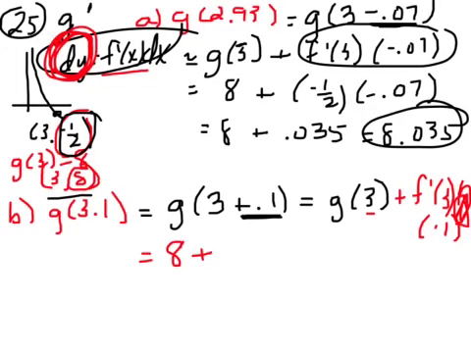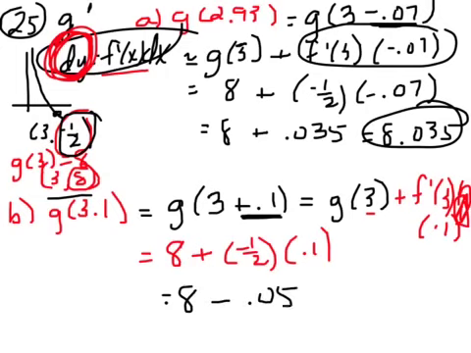They told me that because they gave me the graph and the point (3, -1/2). So it's negative 1/2, and my change in x here is 0.1. So that would be 8, and then 0.5 times 0.1 would be 0.05, and this is a negative 0.05. And if you put that in your calculator, that's about 7.95.